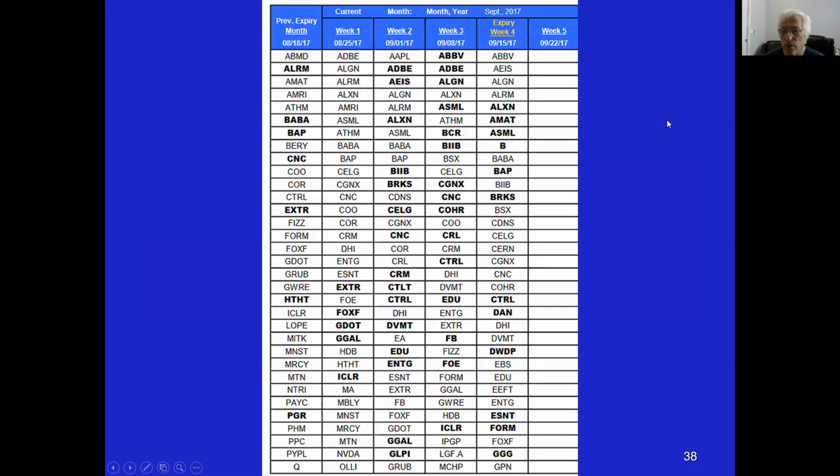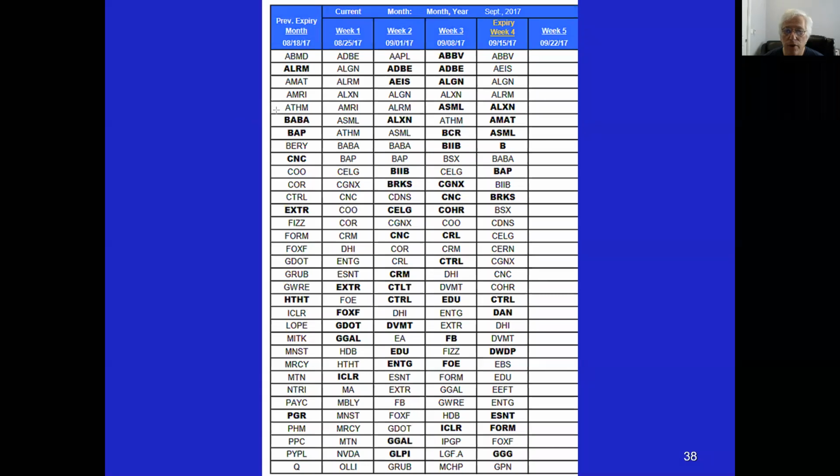We also provide to our members a list of the stocks that made our screen during the current contract month. We start with the last week of the previous contract, and then we go into the first week, second week, third week, and fourth week, and so on of the current contract month. So for example, a stock like Alibaba over here was on the first month.